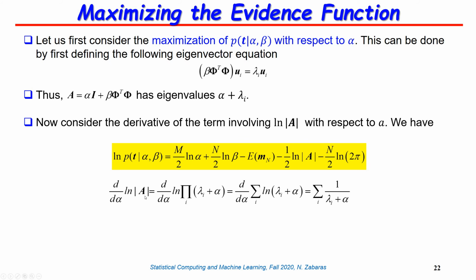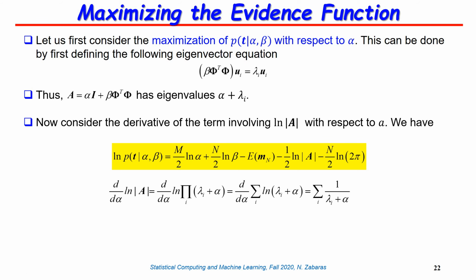So if you think of A being represented in its eigenfunctions ui, A will become a diagonal matrix with values in the diagonal equal to the eigenvalues, which are lambda i plus alpha. So the determinant of A will become the product of these lambda i plus alpha terms, and then the derivative with respect to alpha will be 1 over lambda i plus alpha.